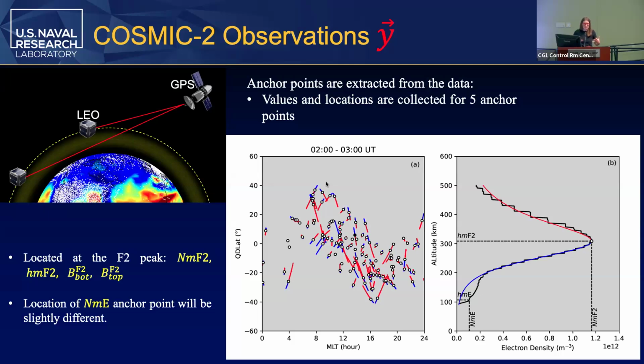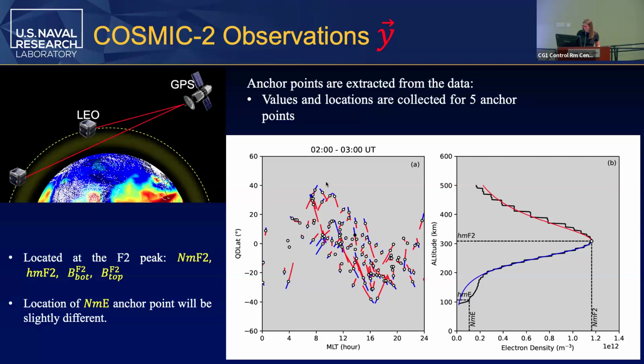We first massage the data as much as we can to extract those anchor points. So from the Abel inverted profile, we extract HMF2 and NMF2, and the thicknesses of top and bottom sides. We find the thicknesses from fitting the Epstein functions, as shown with red and blue here. And we also extract the density of the E region.